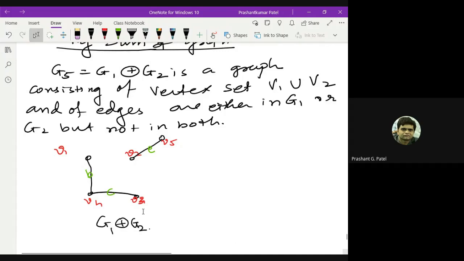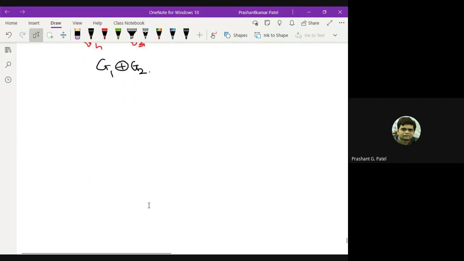One should note that whatever operations we have done for union, intersection and ring sum, all of them are commutative. What do you mean by commutative? That means either you can do this operation or you can do this operation.